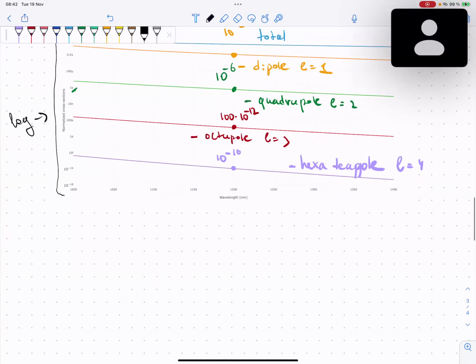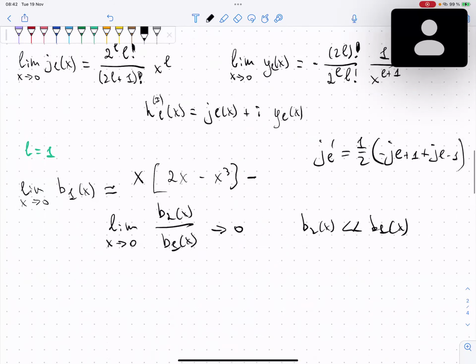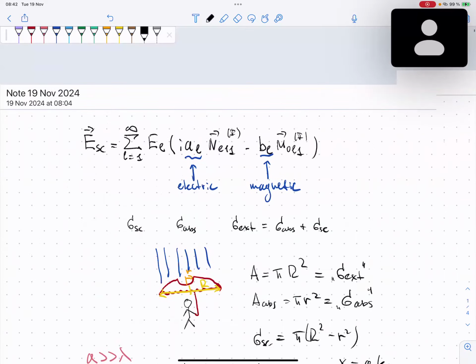So basically, when we look at the scattering field, for example as a function of x, we can leave only, in the limit x equals 0, basically just a sum of a1 of x and b1 of x.